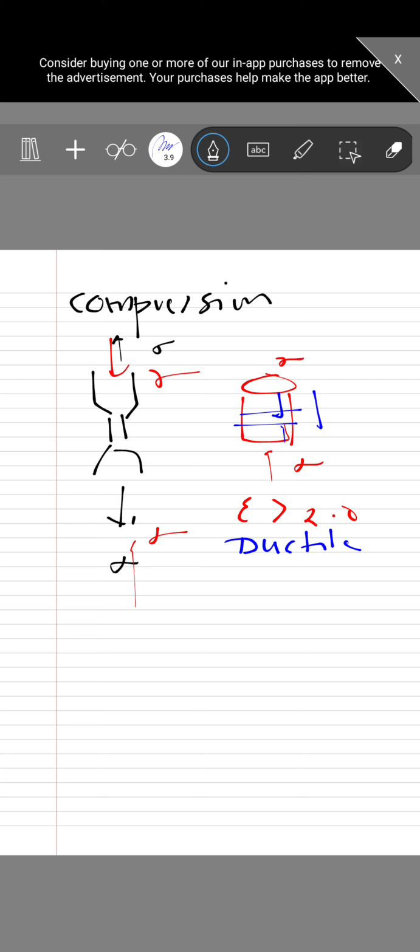So there is no problem with necking. However, there is friction between the specimen and the anvil. The tool which is used to compress is called an anvil.